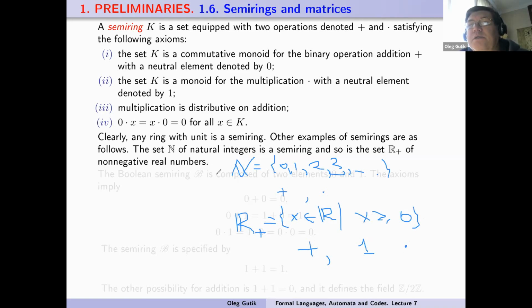Also, multiplication is distributive with respect to addition, and the number 0 is an absorbing element with respect to multiplication. Good.